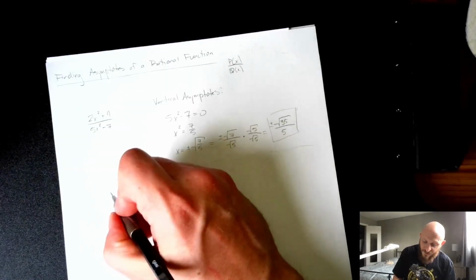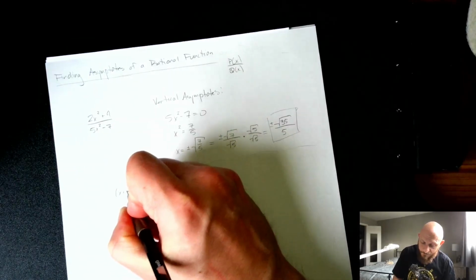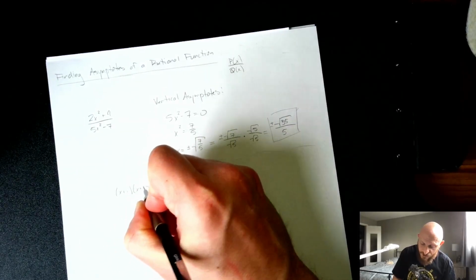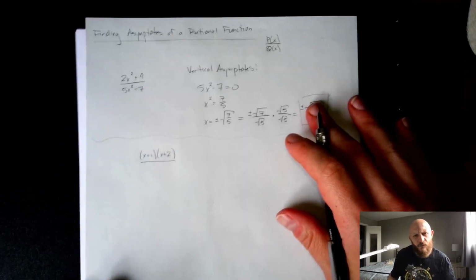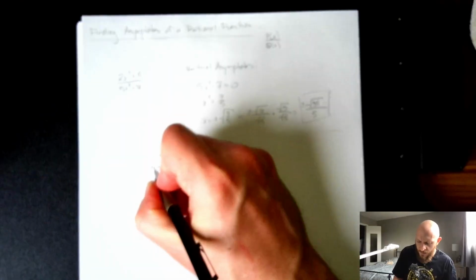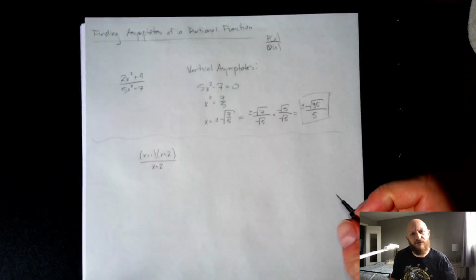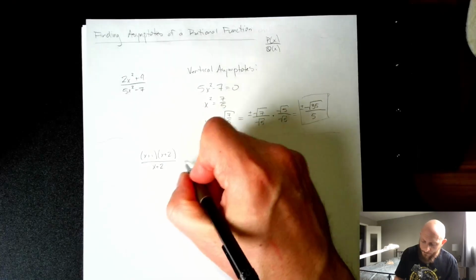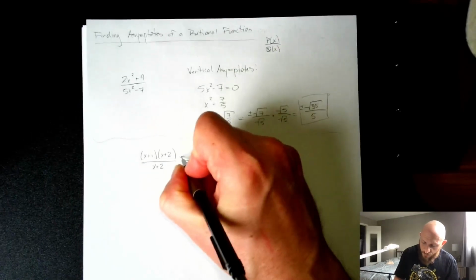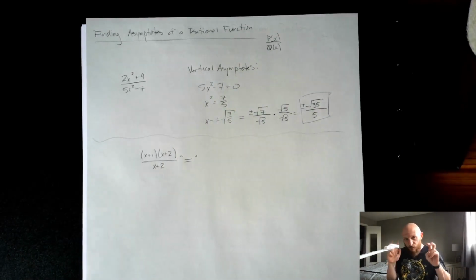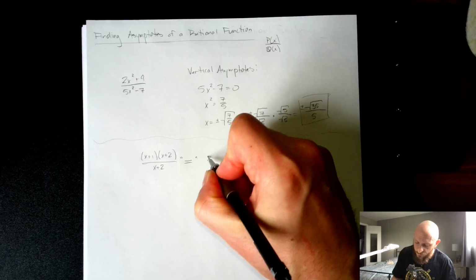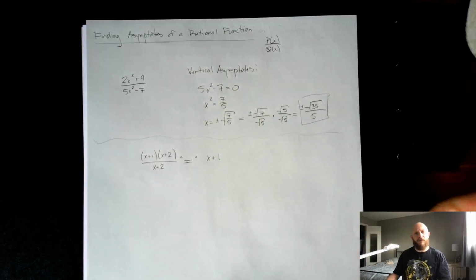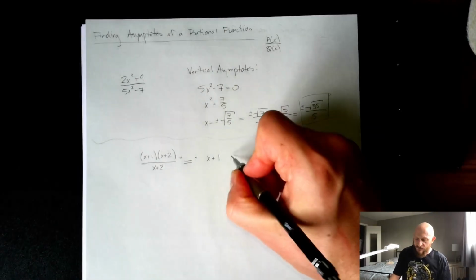Suppose you have some rational function, you factor, and the top becomes x plus 1 times x plus 2, and the denominator is x plus 2. Well, and I'm going to put this in quotes, this is kind of equal to, if we cancel out the x plus 2's, x plus 1.